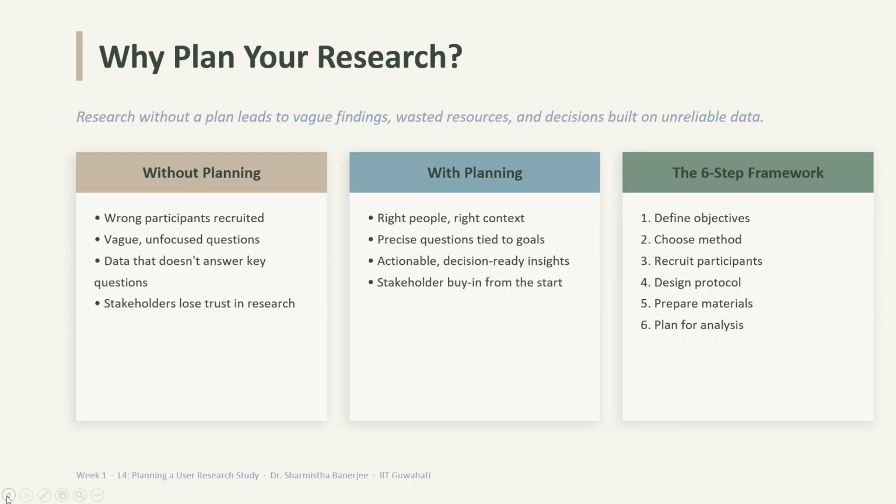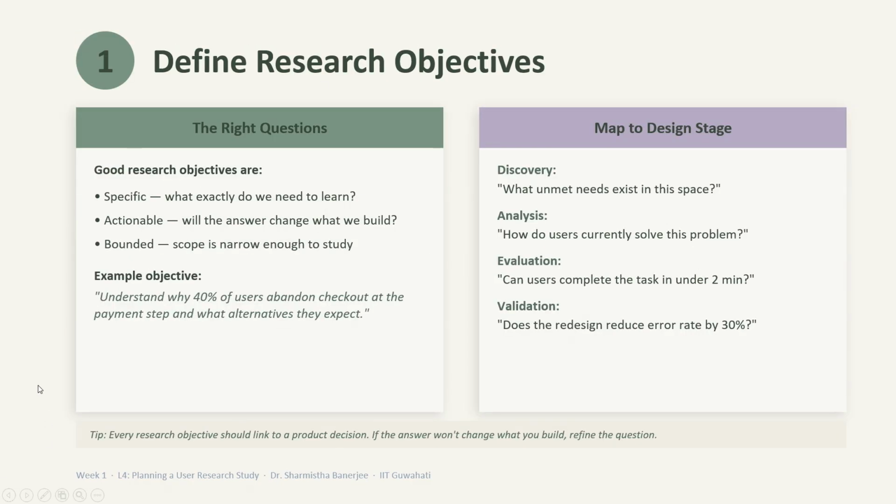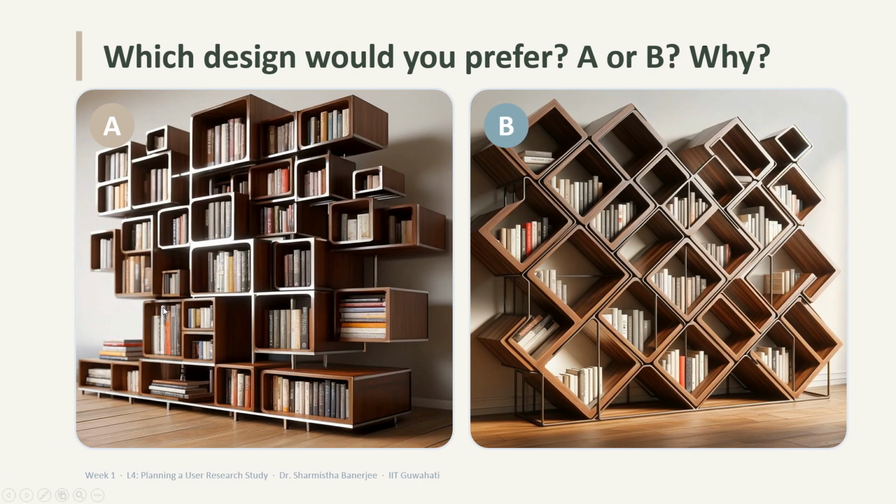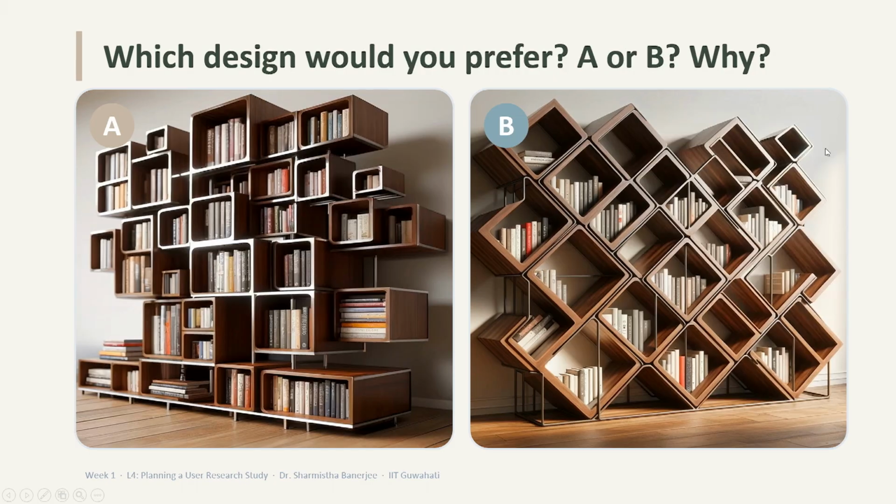Even in my previous example, you can see both of them are AI generated images, and it is a very good idea to use this in the very early phases of design to understand people's perception about a bookshelf. However, if I do not know that this is my purpose, if I did not plan it, I might not put the questions in the right context, and as a result people will see both of them are AI generated.